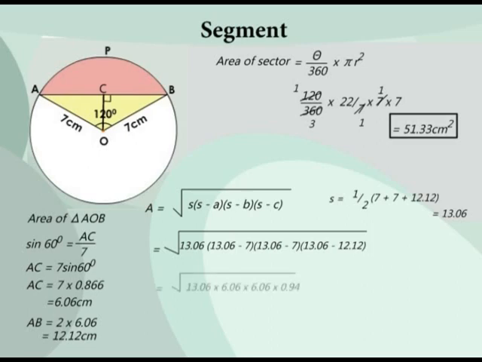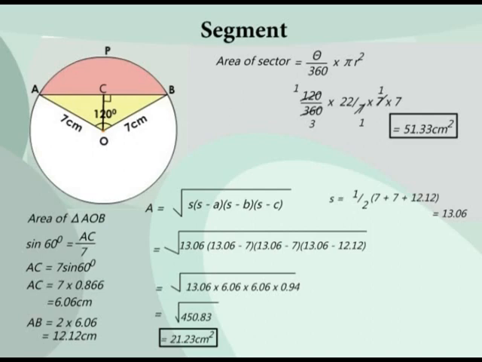That is equal to 13.06 times 6.06 times 6.06 times 0.94, everything square root. That will give us the square root of 450.83. The square root of that is 21.23, and so the area of the triangle is 21.23 square centimeters.